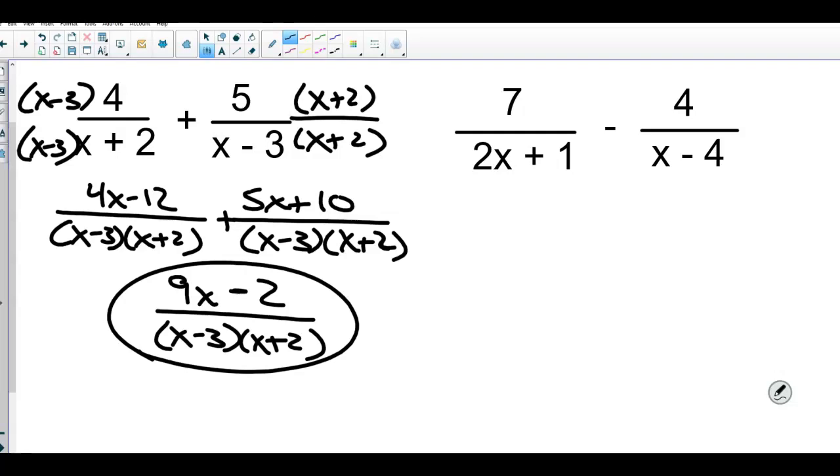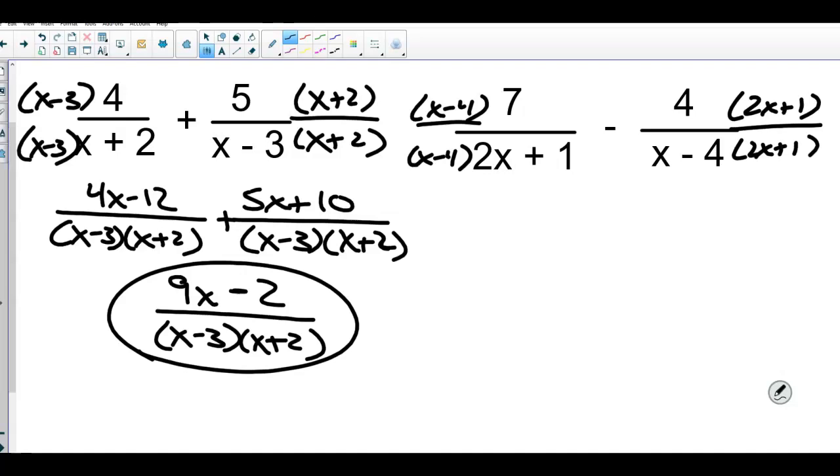Okay. Here, I'm doing x minus 4 over x minus 4, and on the right side, 2x plus 1 over 2x plus 1. So 7x minus 28 over x minus 4, 2x plus 1, minus. Don't distribute a negative 4 through first.